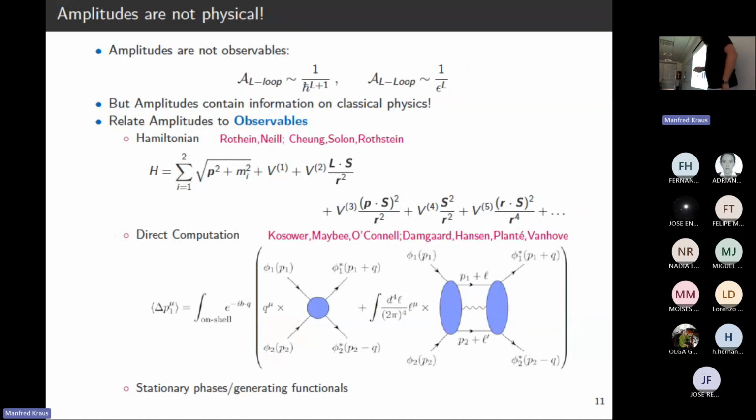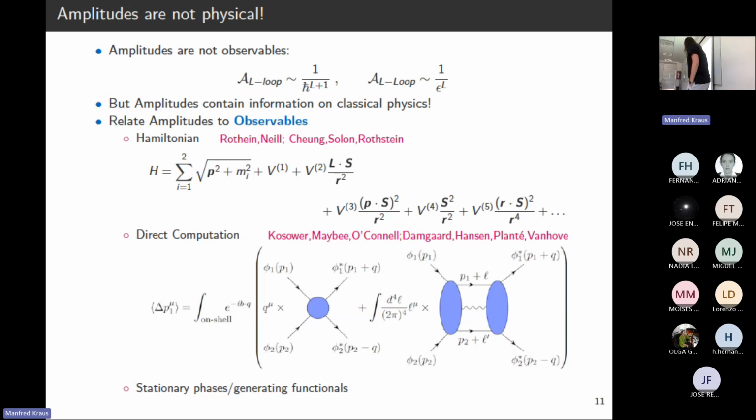The other way is to compute observables by direct integrated computation. For example, you want to know how much in the scattering the momentum, the impulse of the black hole, is changing. You can relate this to some tree-level calculations plus some loop calculations. So it's very similar to what you would do in perturbation theory in particle physics.